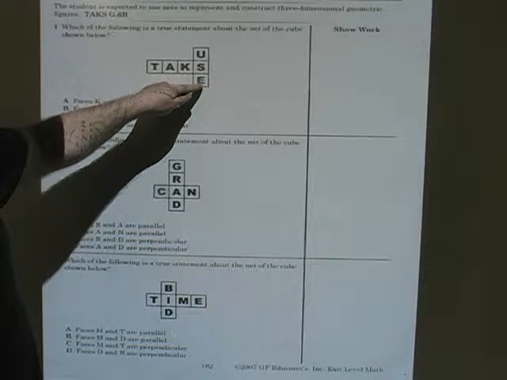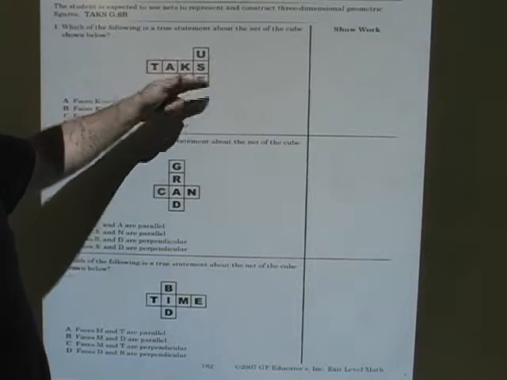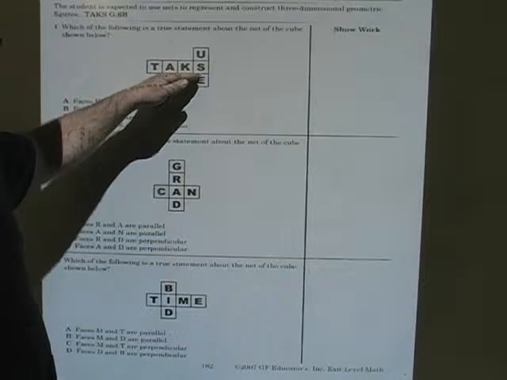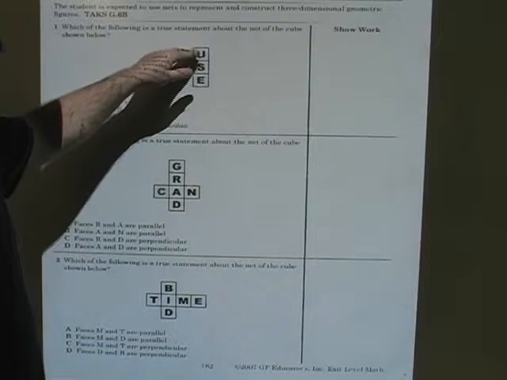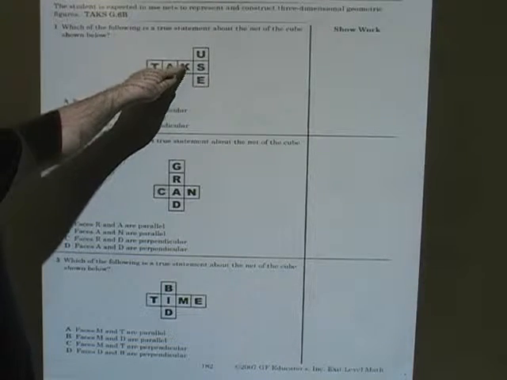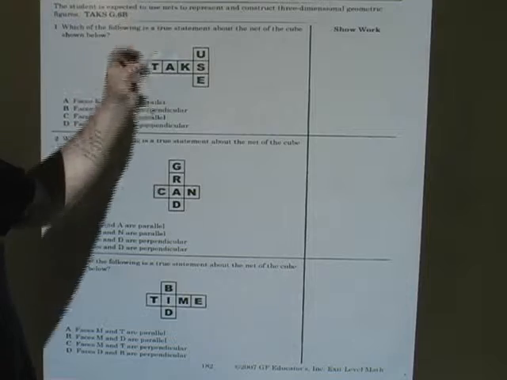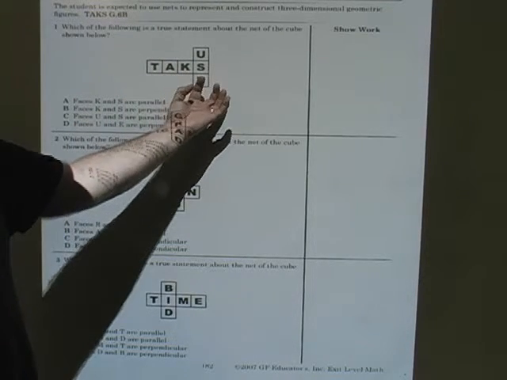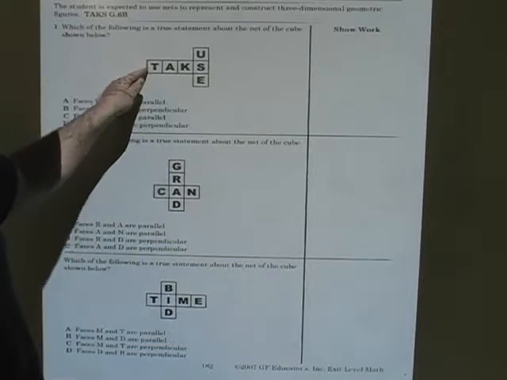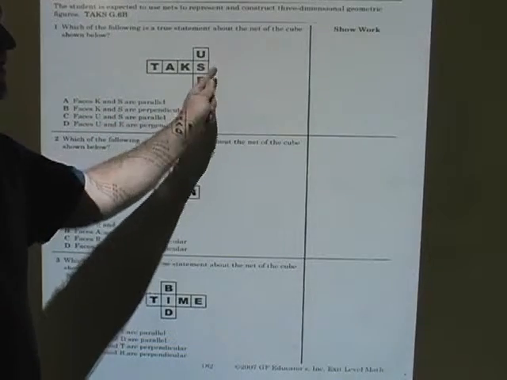If you fold the E down, the E is going to be on the front side, the U would be on the back side, the K would come down and be on the left side, the A would be on the bottom, and the T would wrap all the way around to the right side. Okay? So that's what you would have.